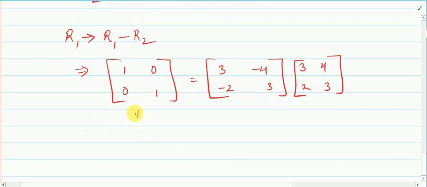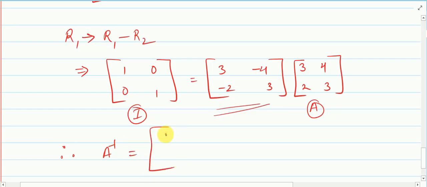Yes, this is the identity, this is the matrix A. And then this matrix that you have got over here will be inverse of A. Therefore A inverse is equal to this one, 3 minus 4 minus 2 3.